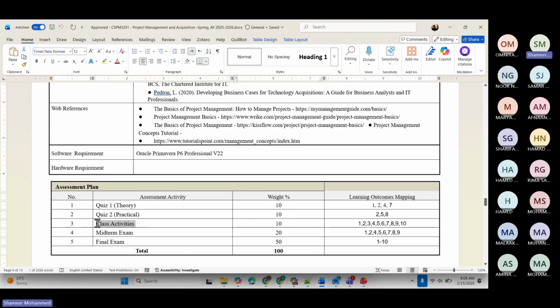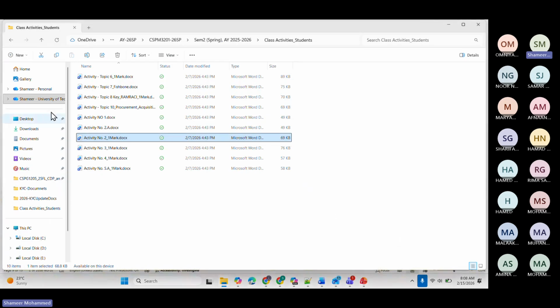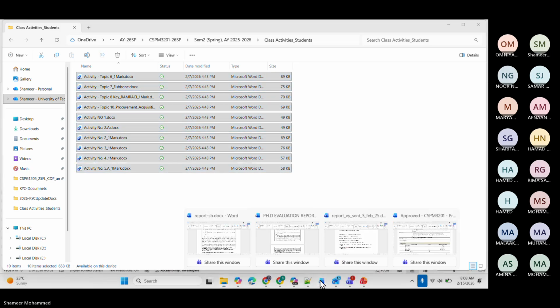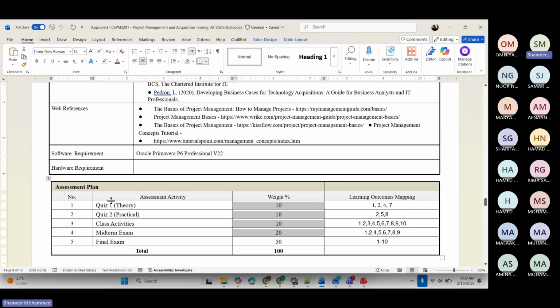And the class activities I showed you, all these you have to solve after completion of each lecture and submit to me on paper. Midterm is carrying 20 marks. So all together is 50 marks for the semester assessment, and the remaining 50 is your final exam.